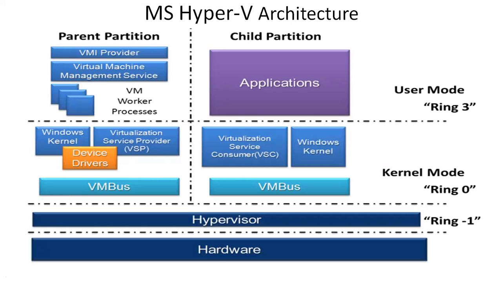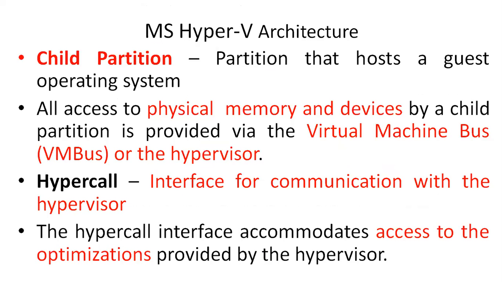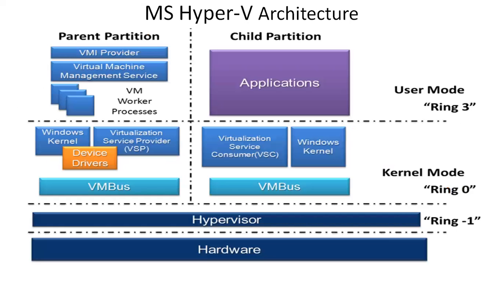In this architecture, the right side indicates the child partition. What is the child partition here? This is a partition that hosts the guest operating system. For example, I am using the Windows 10 operating system, which is the host operating system.